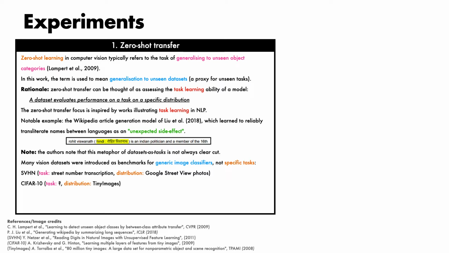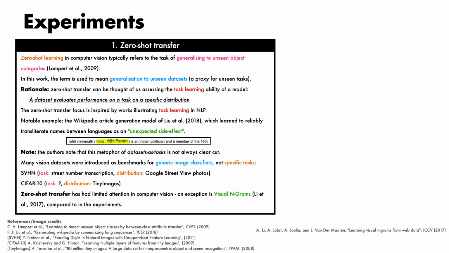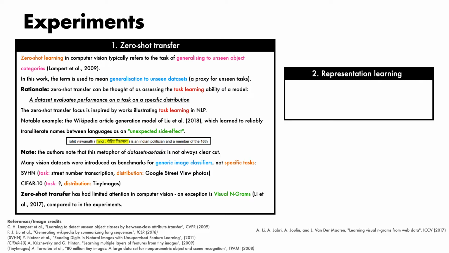Despite this, it has received limited attention in computer vision. One exception is the visual n-grams approach of Li et al., which the CLIP authors compare to in their experiments. As a second assessment, the visual representations learned by CLIP are evaluated with linear probes.